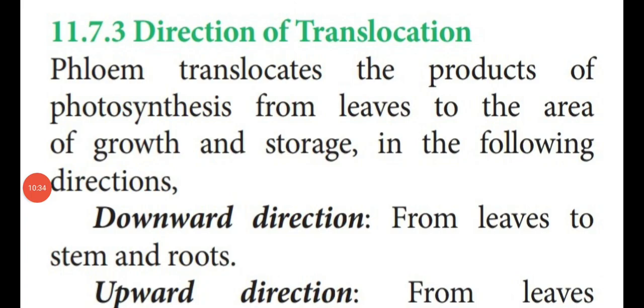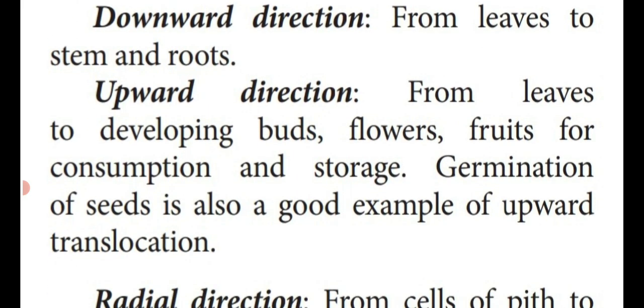Next one, direction of translocation. The phloem translocates the food material from the photosynthetic site of the leaf to the different parts of a plant body, and it also stores the food material for future use. It takes place in three directions.